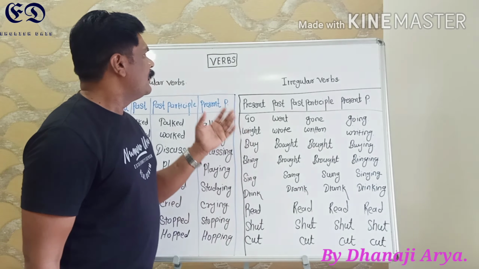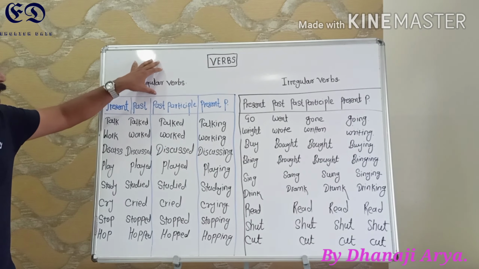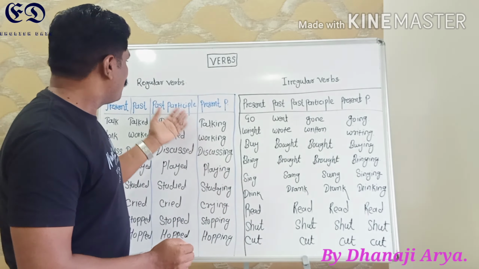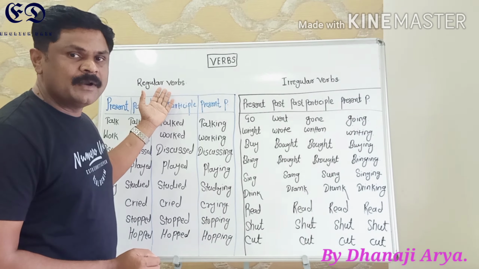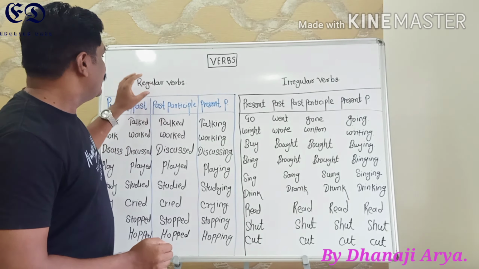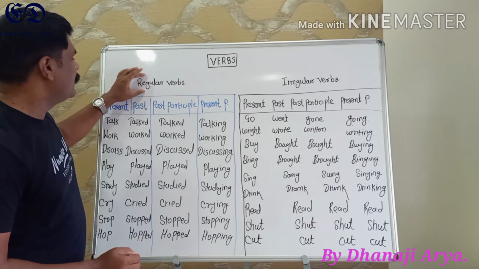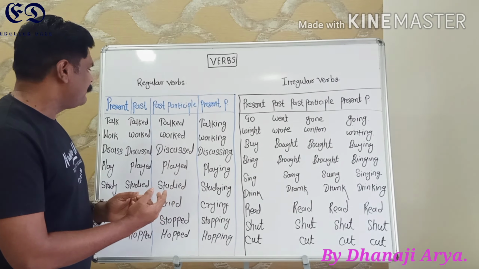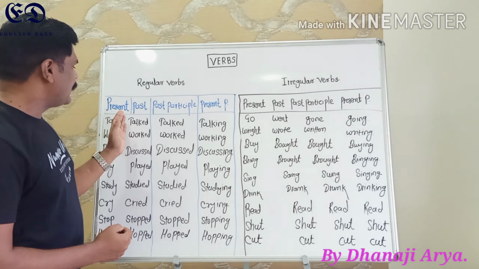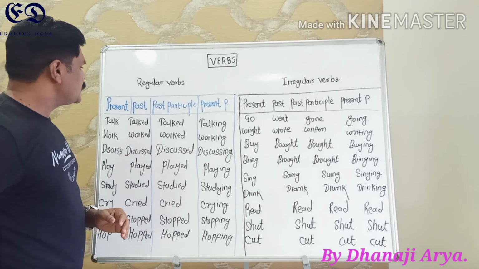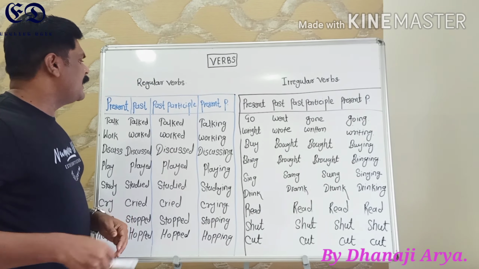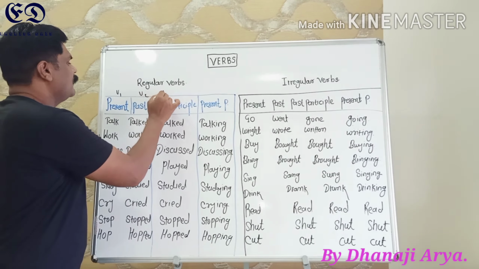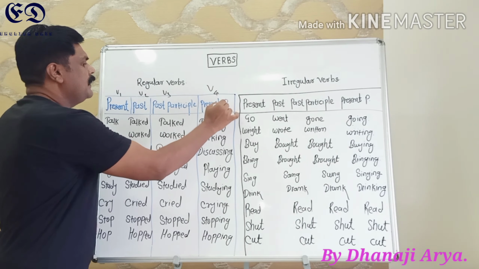Let's see. When we discuss regular verbs, very first we have to think about what the meaning of a regular verb is. When we change the forms, when we make the present form, past form, past participle form, or present participle form, these are V1, V2, V3 and V4.